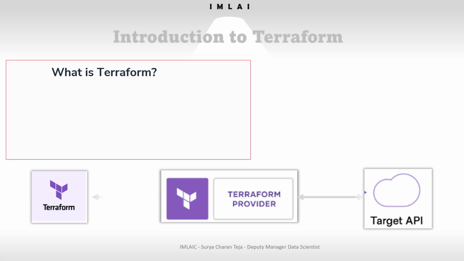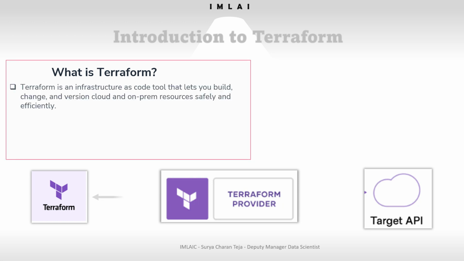HashiCorp Terraform is an infrastructure as code IaC tool that lets you define both cloud and on-premise resources in human readable configuration files. So here you will have a Terraform configuration file that's in a human readable format.